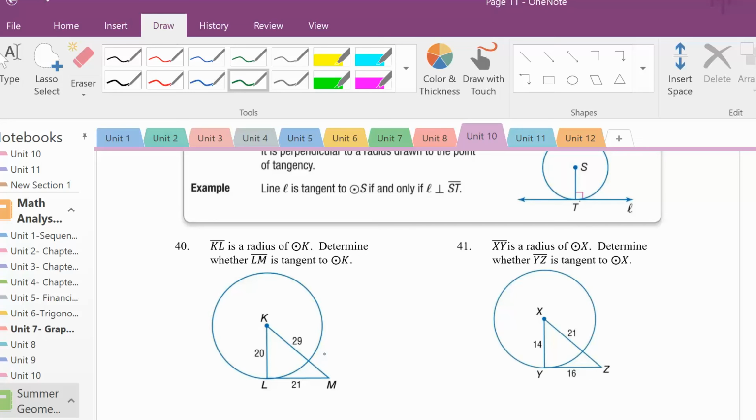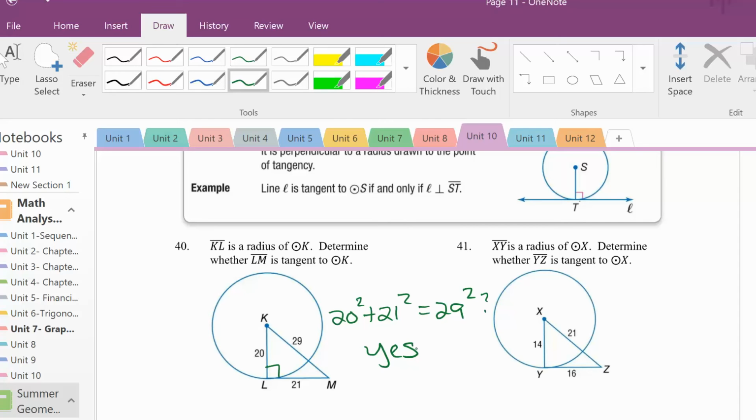The answer, well, it only is if this is a right triangle. So to determine if it's a right triangle, you have to say 20 squared plus 21 squared. Does that equal 29 squared? Well, the answer to that question is yes, it does. So therefore, that is a tangent line.